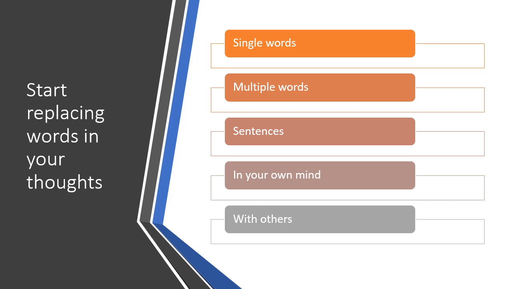Now it is important that what you think in your mind should be expressed out loud, and wherever possible use it in your house, in your surroundings, to express or use these words.